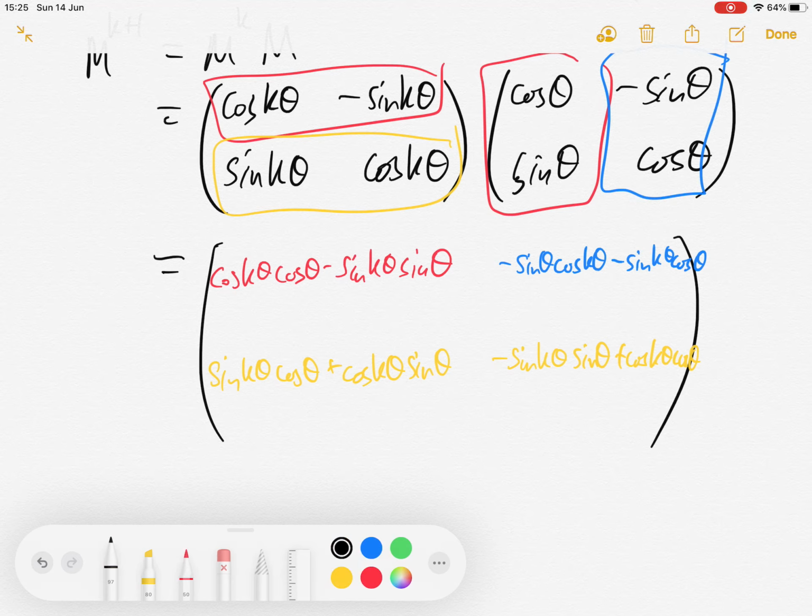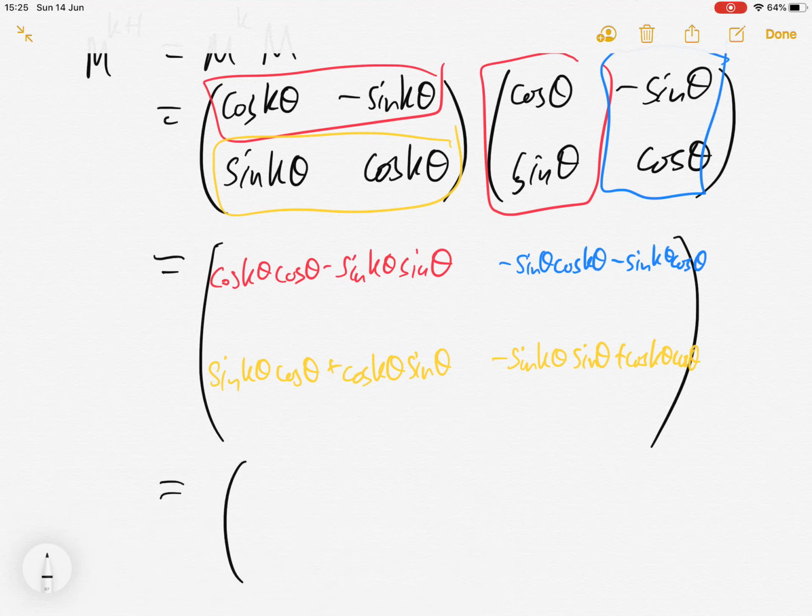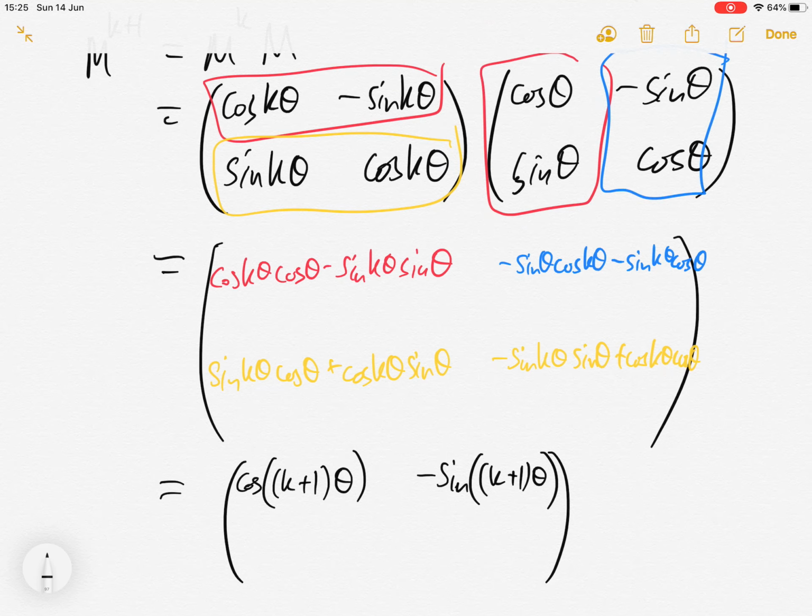And then we just need to think about the addition formulas. In the top left, this is nothing more than cos of k theta plus theta, which is cos of k plus 1 theta. The blue entry in the top right is minus sine of k theta plus theta, or minus sine of k plus 1 theta.